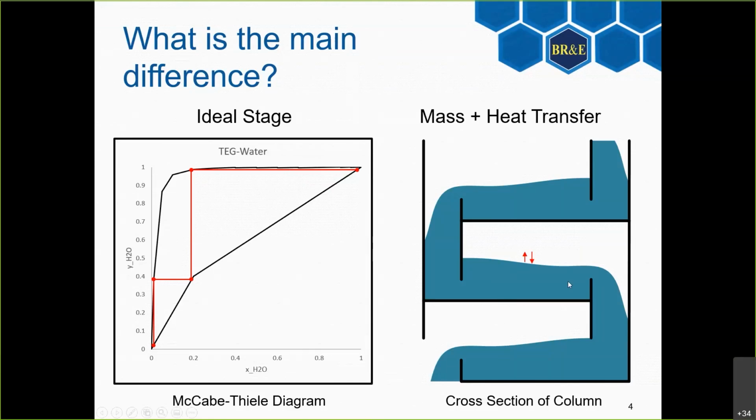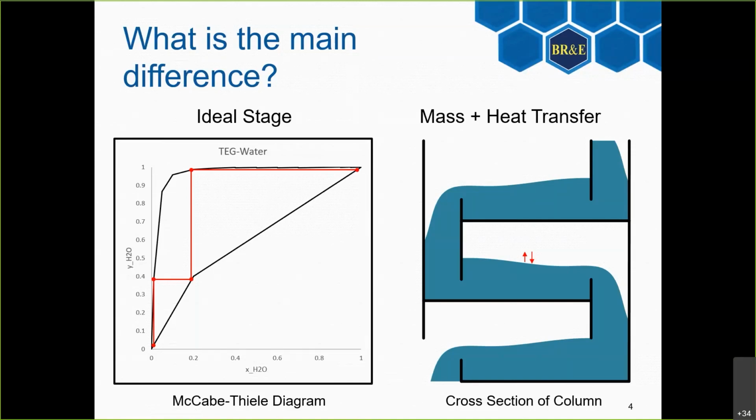For a tray column, for instance, you can imagine that the vapor and liquid mixture doesn't spend unlimited time on a tray, and we have limited interfacial area. So it is beneficial for us to investigate what exactly is happening on the tray and be able to quantify the mass transfer rates as well as heat transfer rates from one phase to the other.